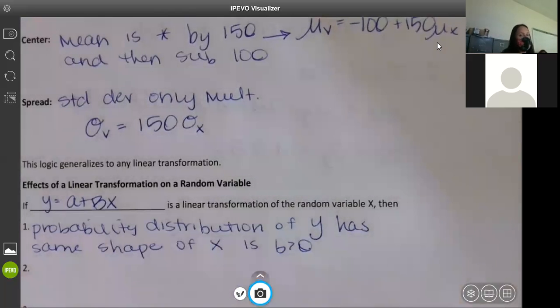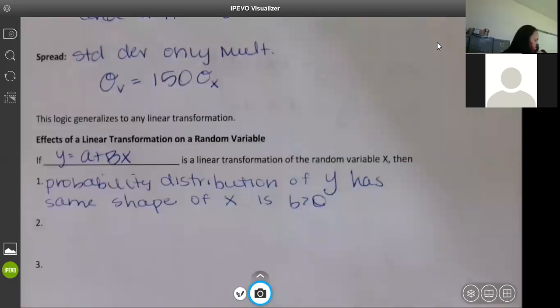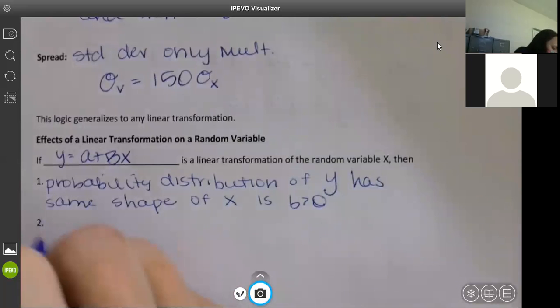So B is greater than 0. If you need to write B is positive, you can write that. And then the two things that we just wrote.